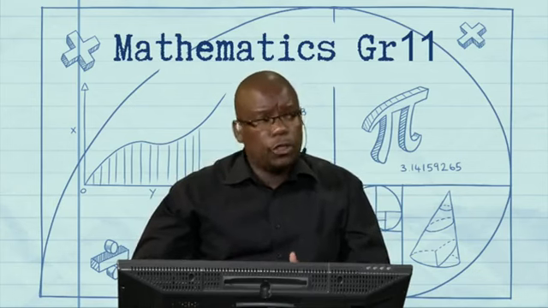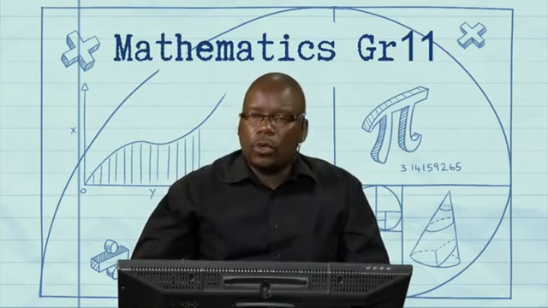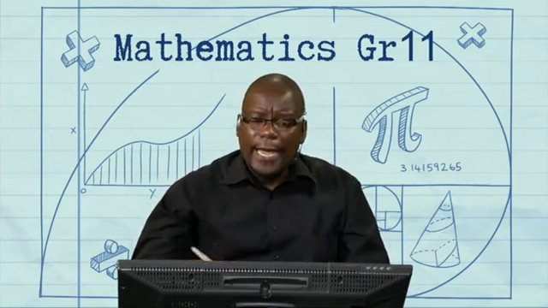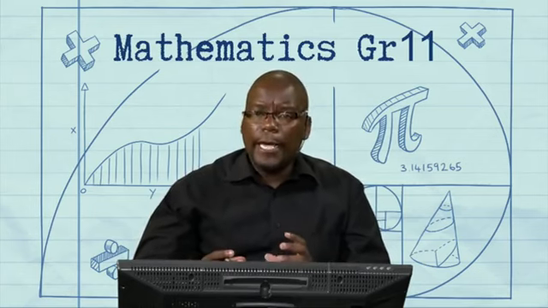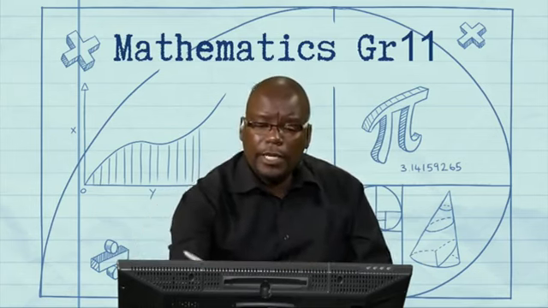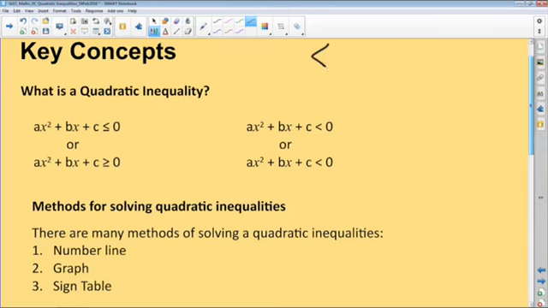But now when we come to the quadratic inequality, remember we said an inequality will be having an inequality sign. It's either a less than or a greater than, or less or equal to, or greater or equal to. Now, this is a quadratic inequality. It's in the form of ax squared plus bx plus c.